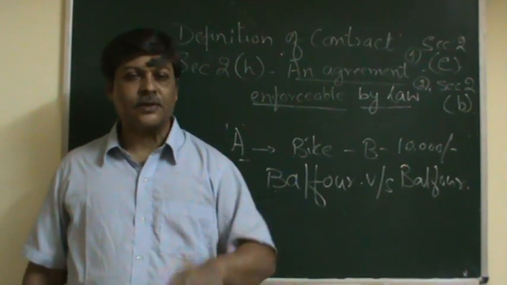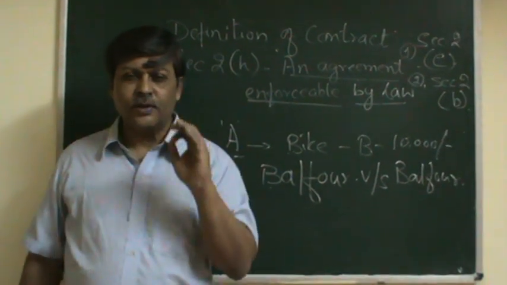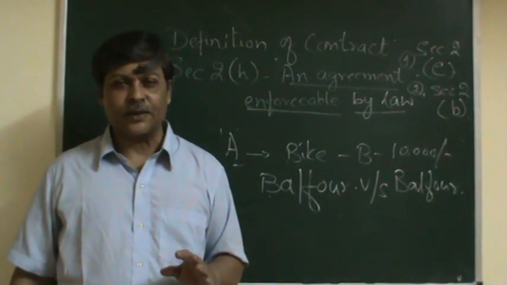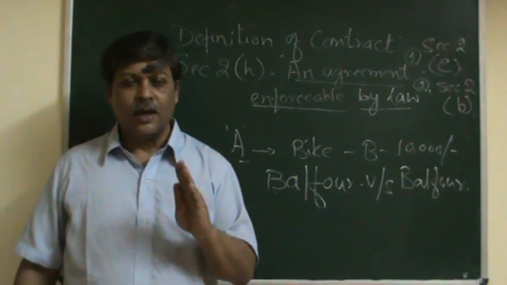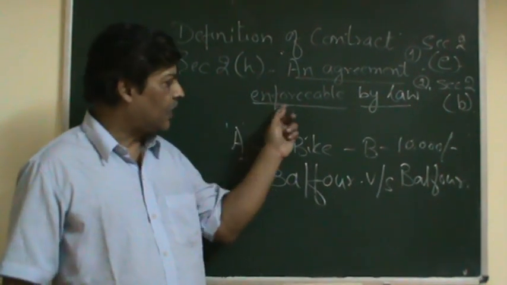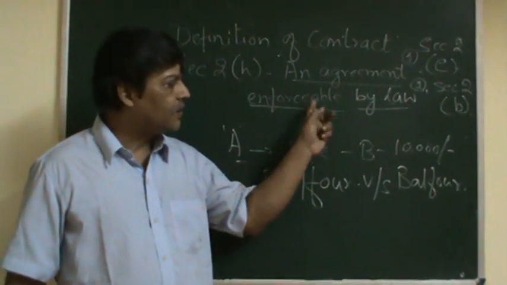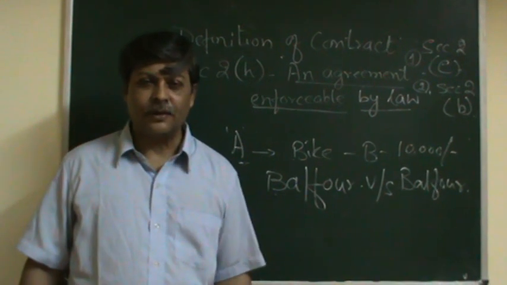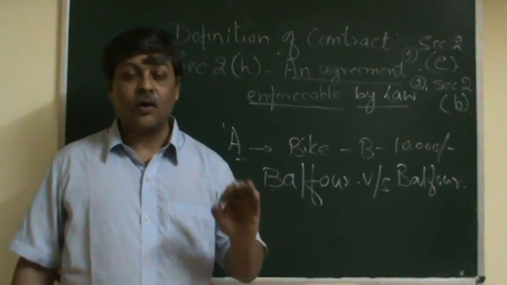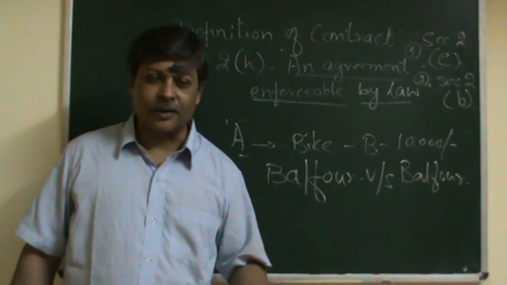So it is not permissible. That is why the jurists are very clear on this aspect. They have said that the agreement must be enforceable by law. Then only you can call such an agreement a contract.